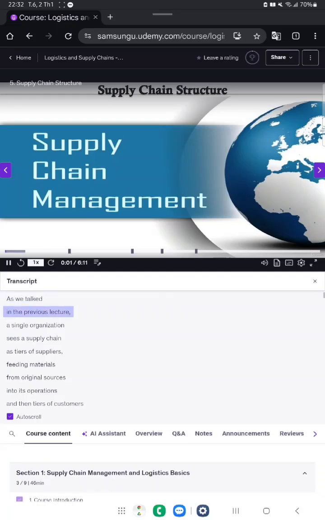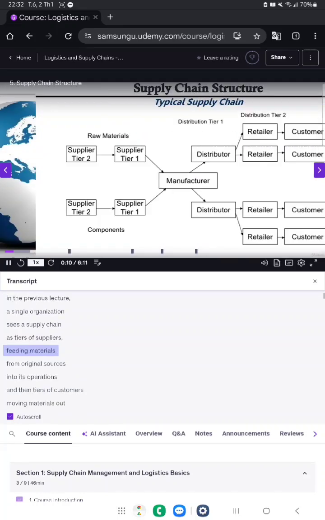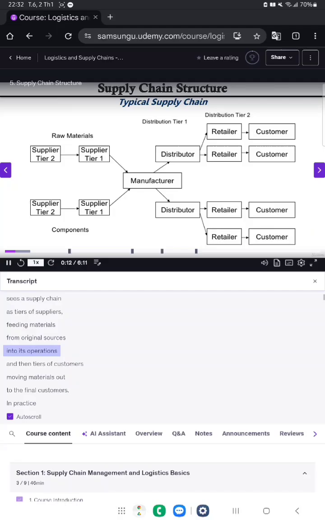As we talked in the previous lecture, a single organization sees a supply chain as tiers of suppliers feeding materials from original sources into its operations, and then tiers of customers moving materials out to the final customers. In practice, there are many variations on this basic model.